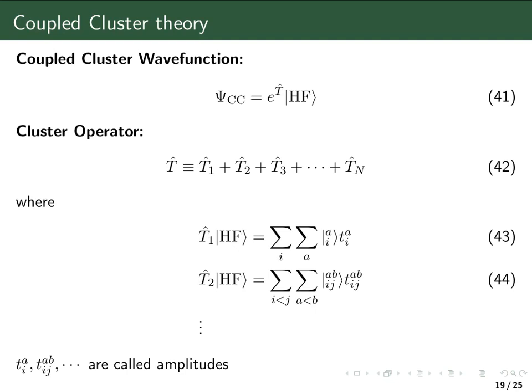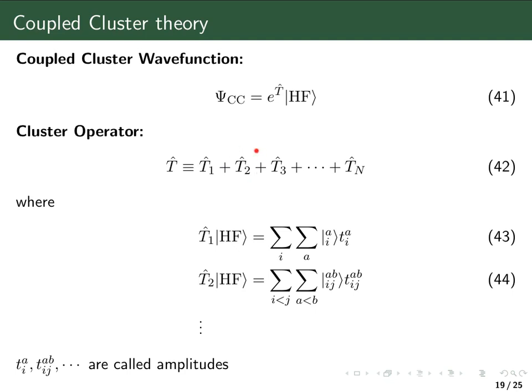In coupled cluster theory, one does not call the expansion coefficients coefficients, but for historical reasons amplitudes. Correspondingly, one does not use C as the symbol for the coefficient or amplitude, but one uses a small t.